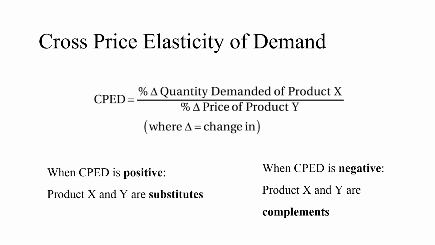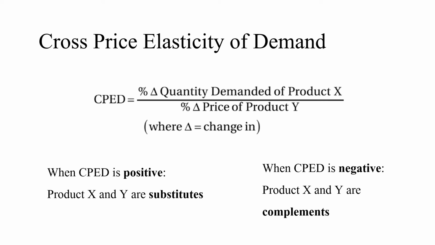I guess all of you have already learned what substitutes and complements are in earlier chapters, so I won't be explaining deeply what they are, but to give a brief example, when the coefficient is positive, that would mean that the percentage change of QD of product X and the percentage change in price of product Y both have the same sign, right?